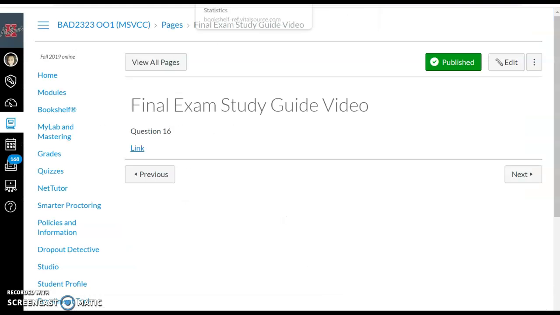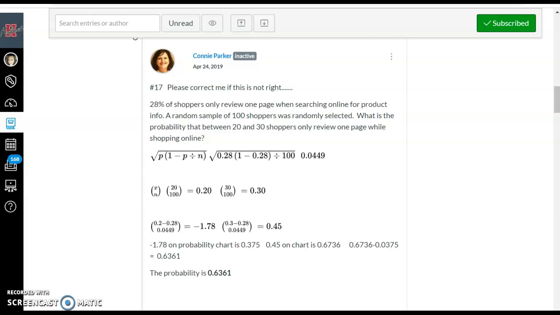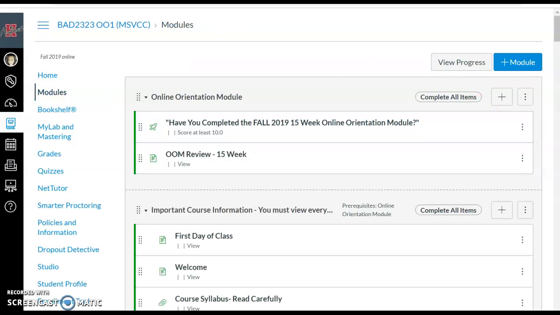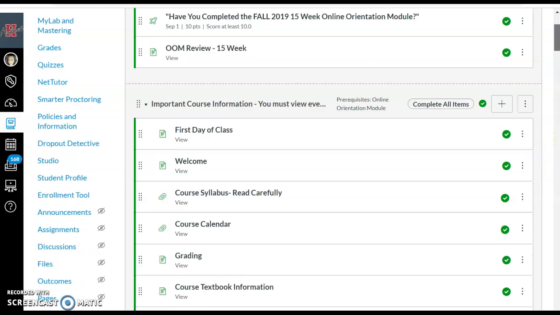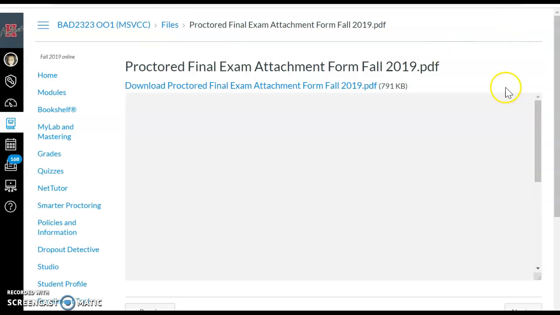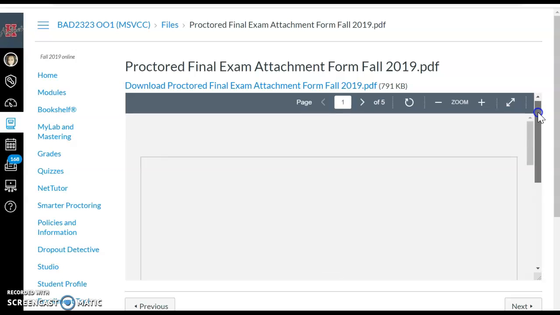If you go to your modules and you scroll down until you get to the proctored exam information and click on your formula sheet, it will pull your formula sheet up.